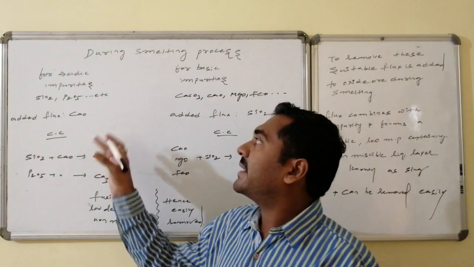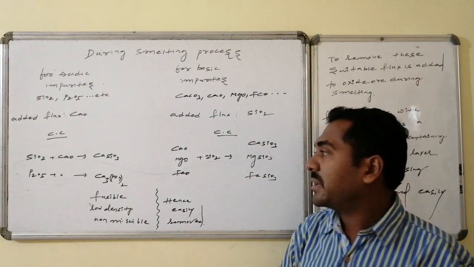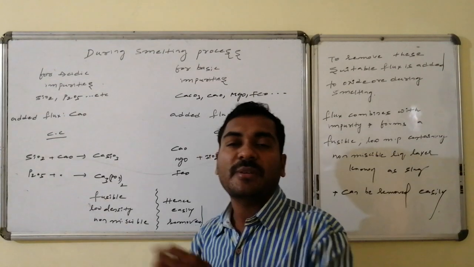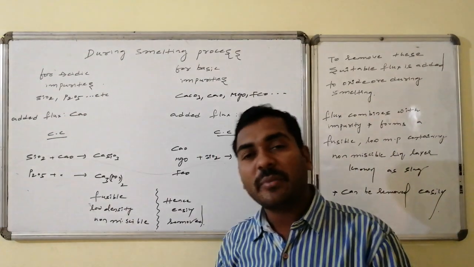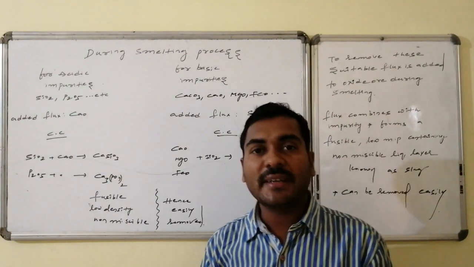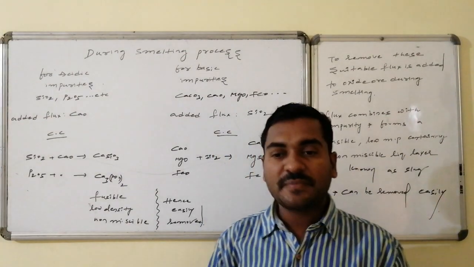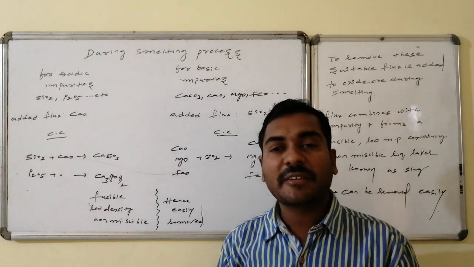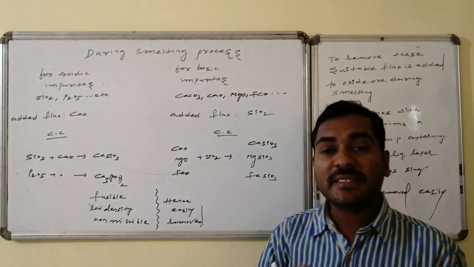When the flux is added, it combines with the impurities in a chemical combination, leading to the formation of a new compound that is fusible and has a lower melting point. It has lower density and appears at the surface of the metal present in the liquid state, and it can be removed easily because it is immiscible.